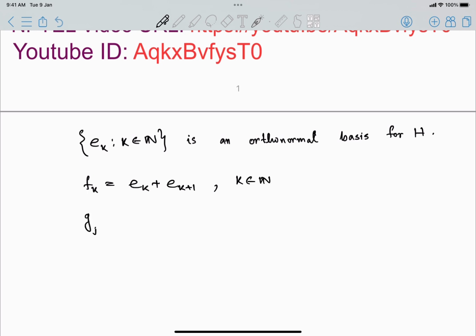And how is g_j defined? Sum n equals 1 to j of (-1)^{n+1} e_n. So f_k and g_j are defined.